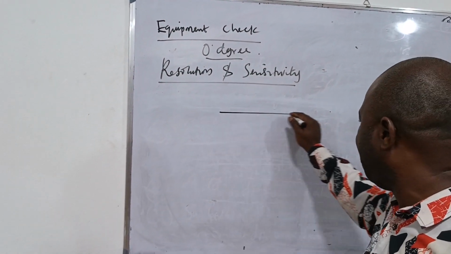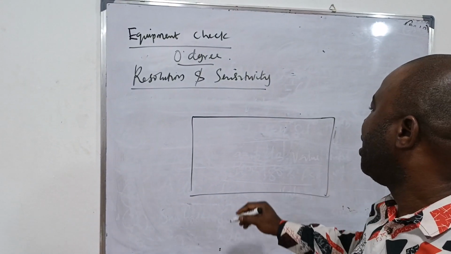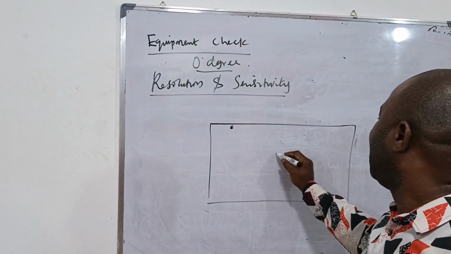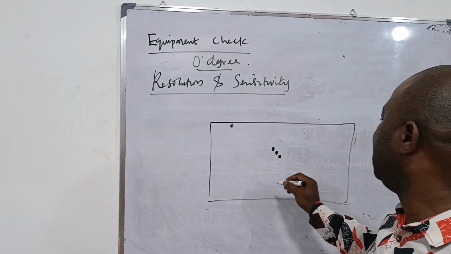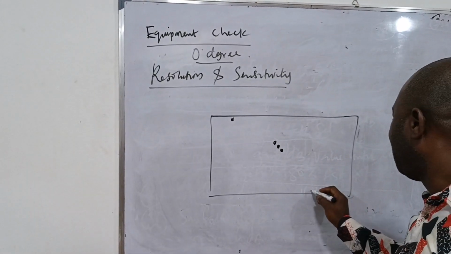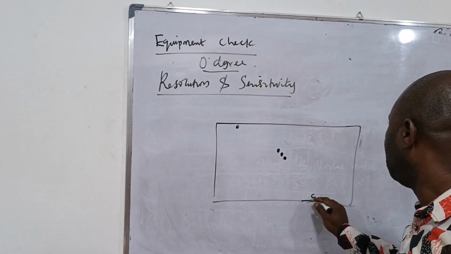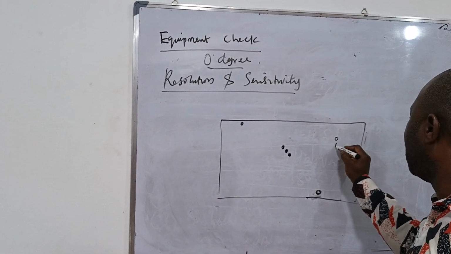So if I have a block, and I have, let's say, a defect here, and I have one here, let's say 3 here, and say another one here. Let's say I have another 2 that are here.